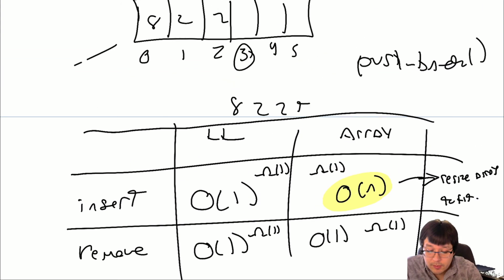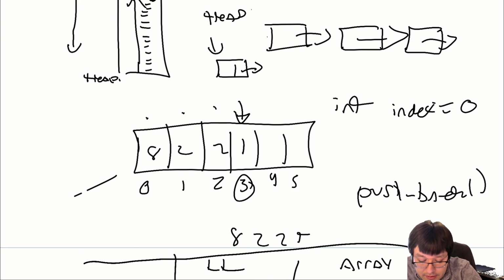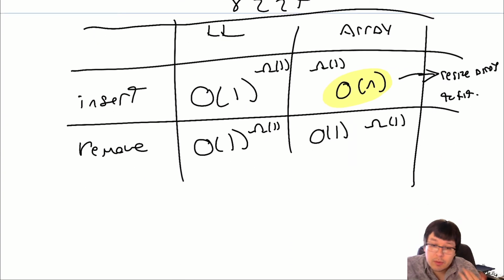Suppose you're pushing another number, another number, and now you have to push one more number. Well, you have no more space left. So you have to make a bigger array, copy everything over, and then insert it. So that would be O of n in that special case. But if you don't allow resizing, if you just say sorry, it's full, not allowed, then it would still be O of 1. So there's that big assumption you have to make, whether you allow resizing on the fly or not.